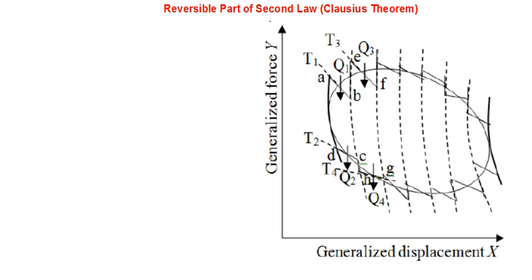Like this, there are a large number of strips. Imagine that the curve is divided into a large number of strips, and let these strips be adiabatic curves in the diagram, dividing the cycle into a large number of parts.